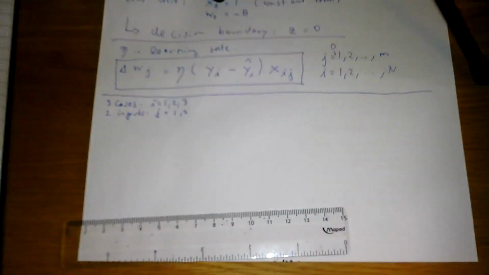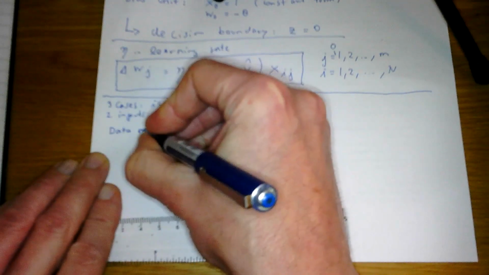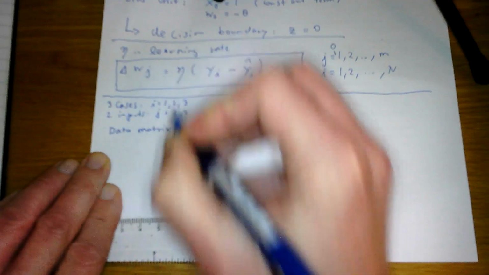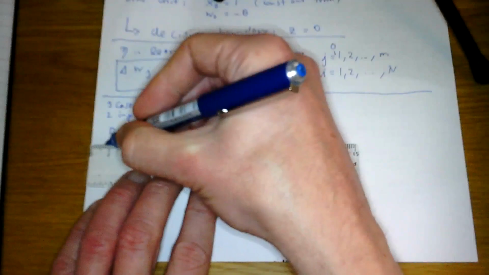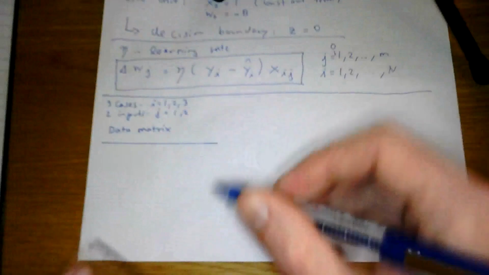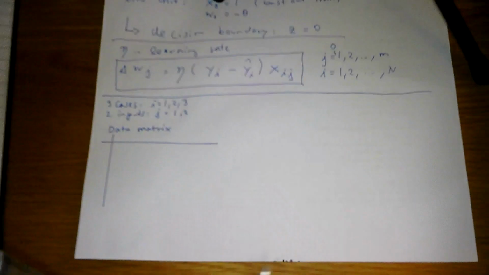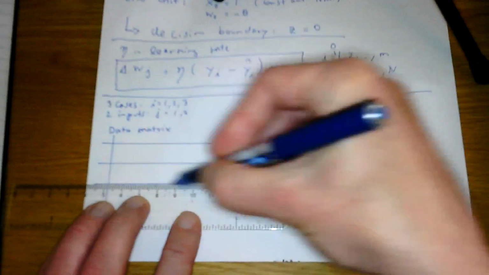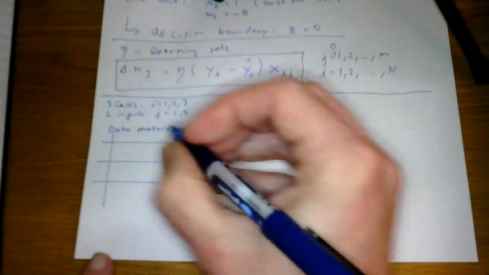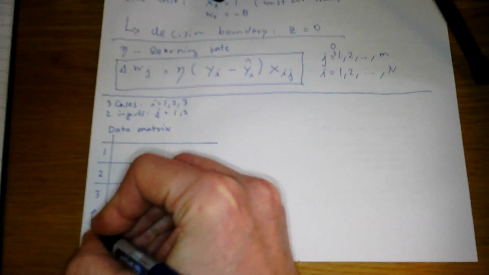In terms of how the data look, I can have a data matrix. This would be captured in a matrix, or later, of course, when we move into Python, we would call this an array, where we put our information into a certain structure. Here we have our first case, our second case, our third case.